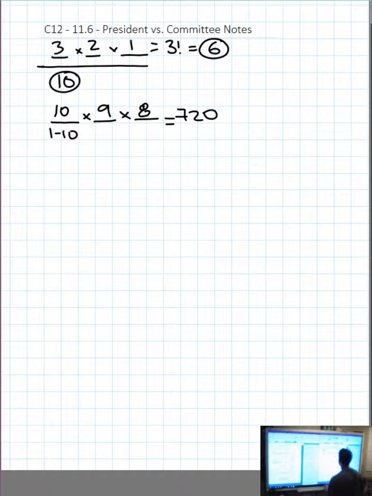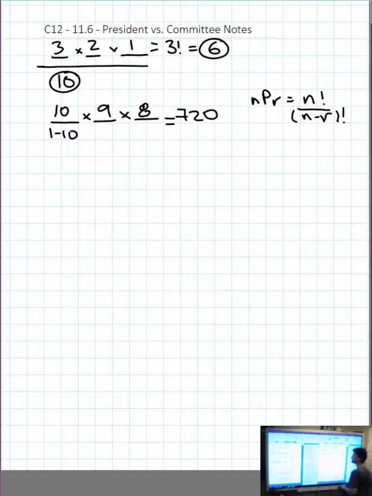Now there's a different way we can do this. Let's use permutation notation. So I'm going to write the formula. nPr is equal to n factorial over n minus r factorial. And I'm going to substitute. So I have 10 people to choose from, and I'm choosing 3 of them in a particular order. It matters who's president, who's vice president, who's secretary.